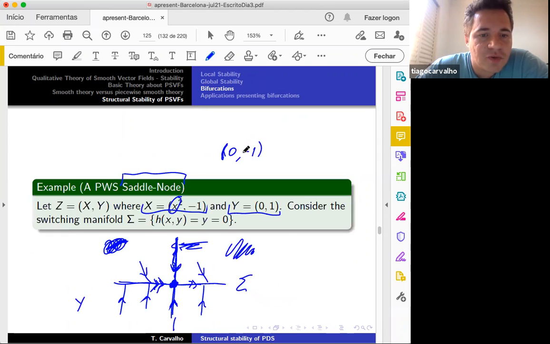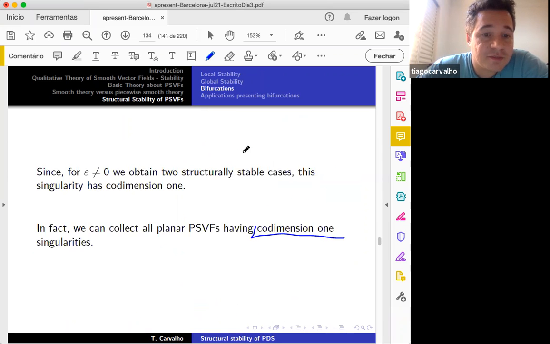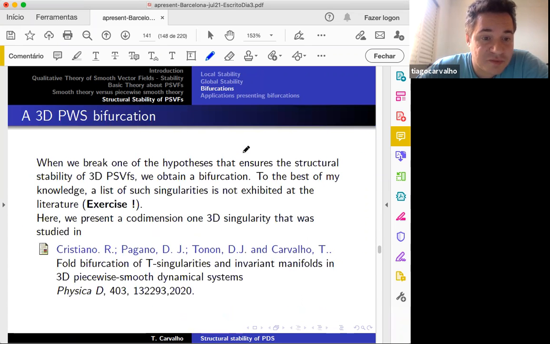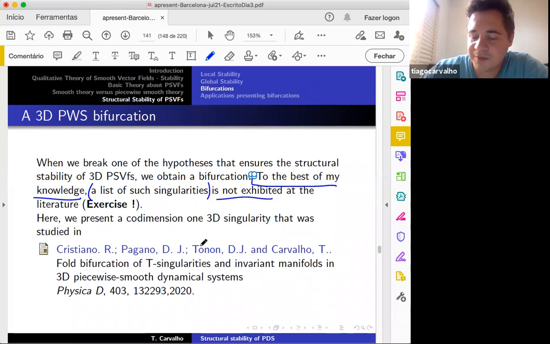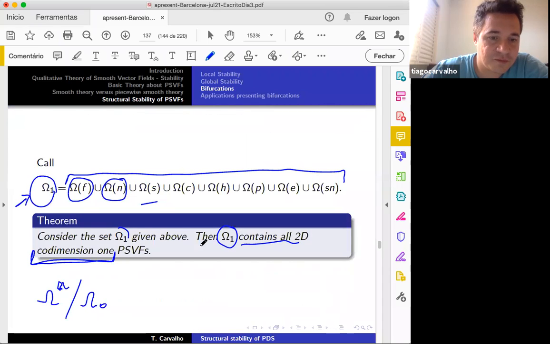Now I will present to you a three-dimensional bifurcation in piecewise smooth vector fields. In fact, to the best of my knowledge, a list of such singularities is not exhibited, just like there exists a list of codimension one vector fields in the plane.